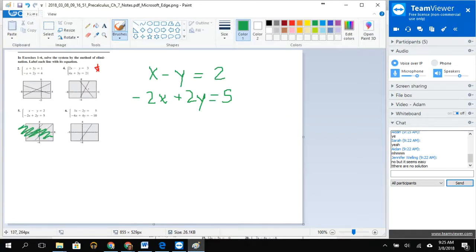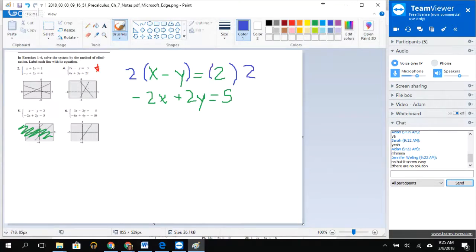And I wanted to eliminate one variable. This is pretty easy. I'm going to multiply the top by 2, because if I have 2 times x, I'll get positive 2x plus negative 2x, and that's going to eliminate x for me. That's really not the right syntax. I should really write it like this.